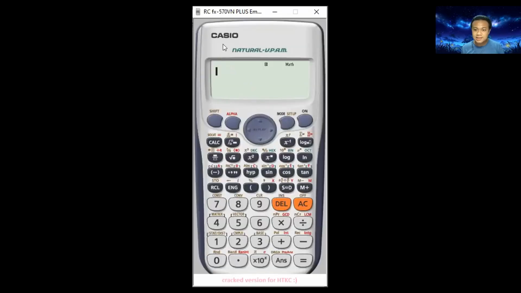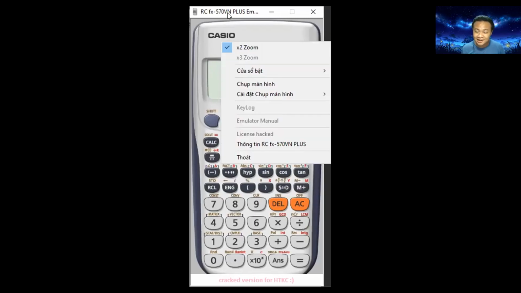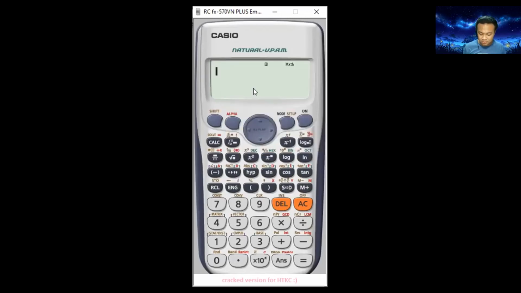I hope you can see it. You have negative 2.2. Click this for squared. Okay? Then we get equals.